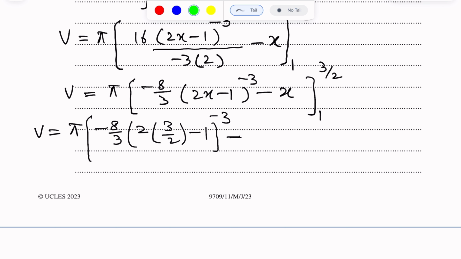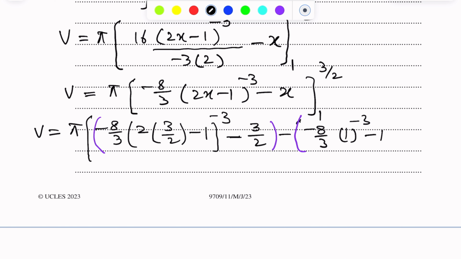Just here also we will apply this upper limit in place of x, so this becomes minus 3 over 2, this is the upper limit, minus lower limit, minus 8 over 3, (2 times 1 minus 1) power minus 3, minus 1.